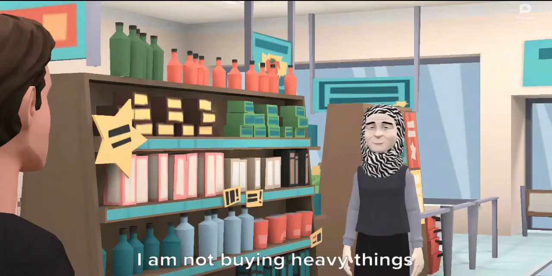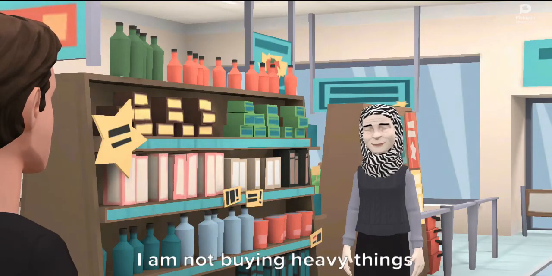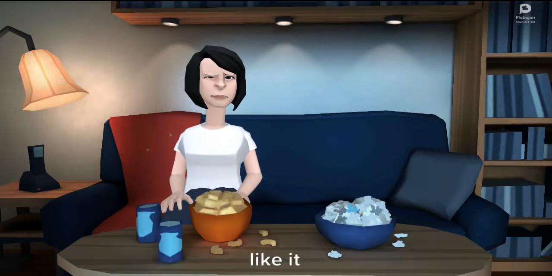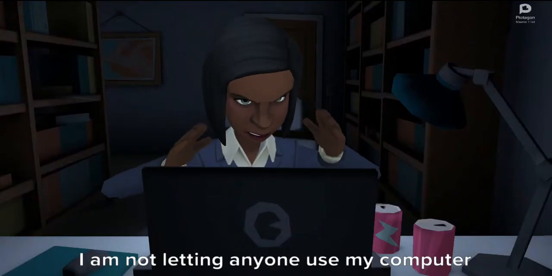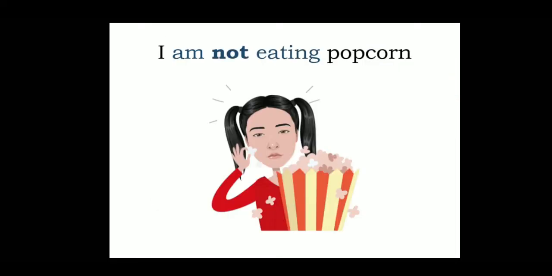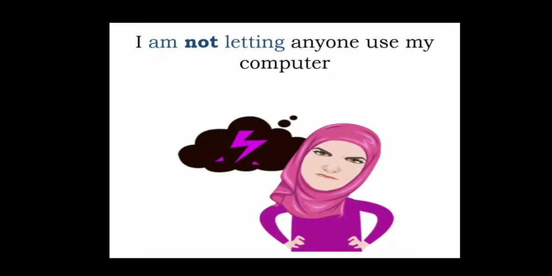I am not buying heavy things. I am not eating popcorn because I don't like it. I am not letting anyone use my computer. Negative. I am not buying heavy things. I am not eating popcorn. I am not letting anyone use my computer.